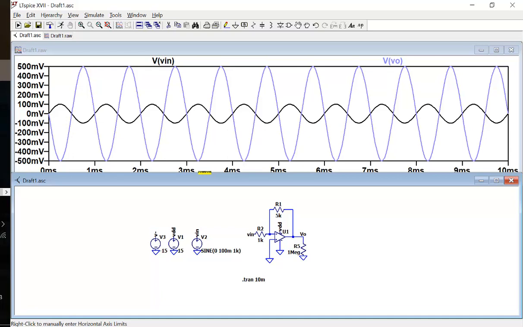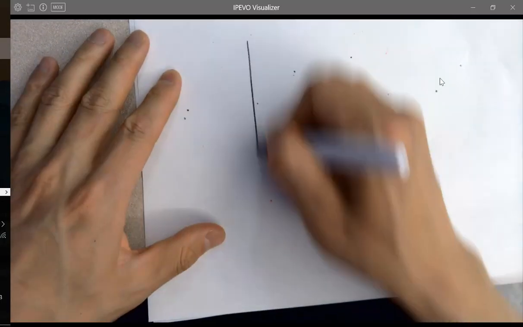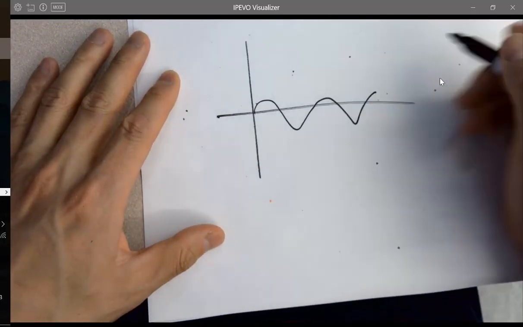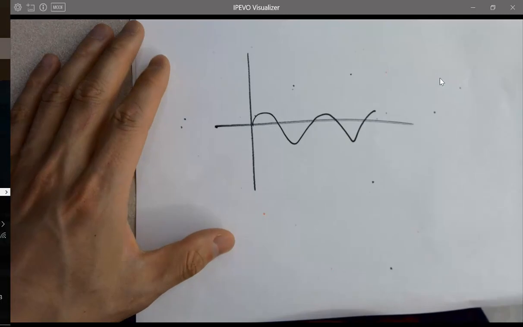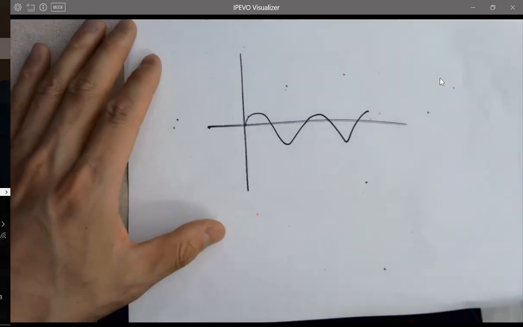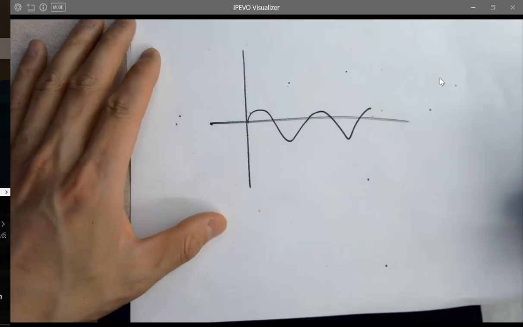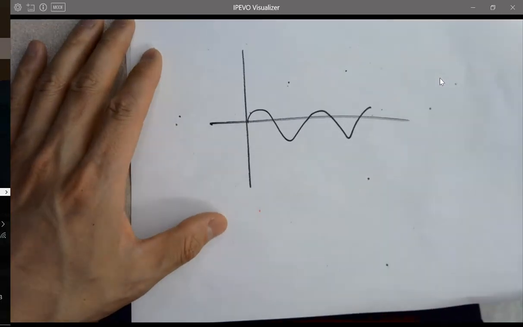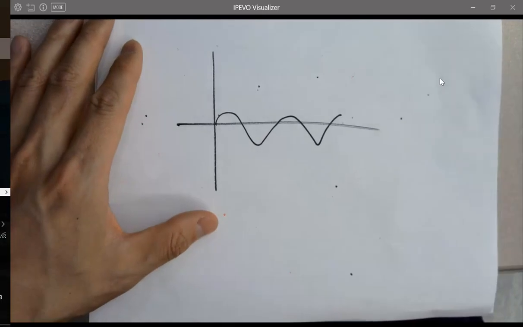if you have your signal centered at 0 volts, you shouldn't ground your bottom rail. You should provide negative room for the signal to swing. So what's going to happen in this case is it's going to cut at the bottom. It's going to saturate the bottom at 0 volts, right? So this is the input, and the input is still the input. It's before the op-amp, so if you probe it, it's still swinging around 0. But the output goes through the op-amp, which doesn't have the negative swing for the signal.